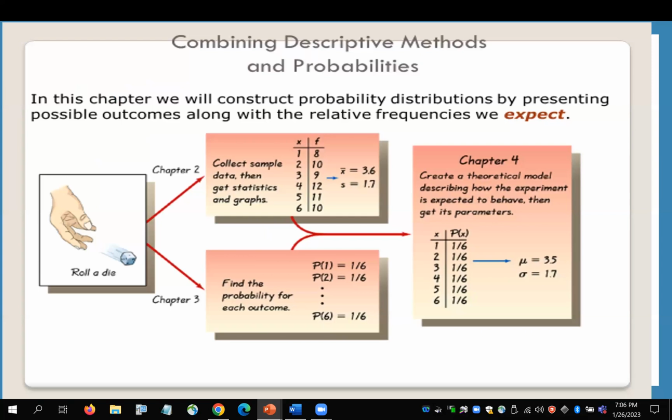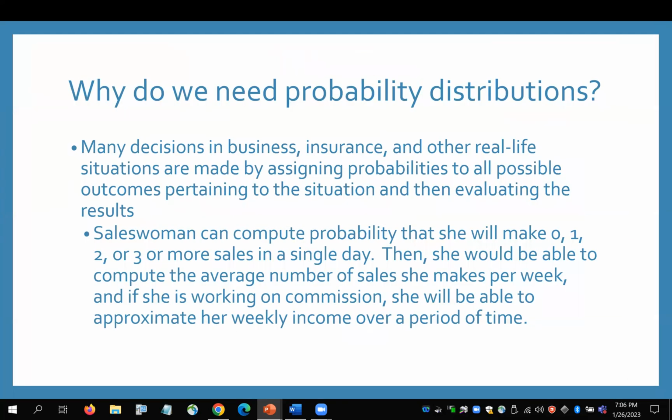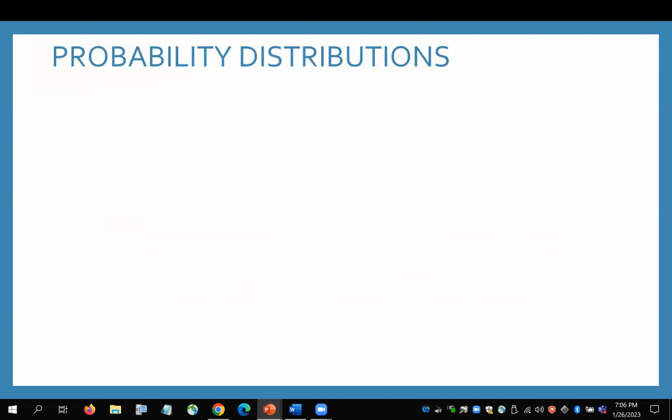This just gives you a picture of how that particular process works. And I just showed you that there's lots of decisions made in business, insurance, and real life by assigning probabilities to a particular outcome and then evaluating those.